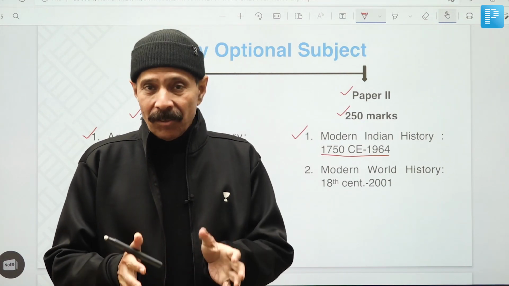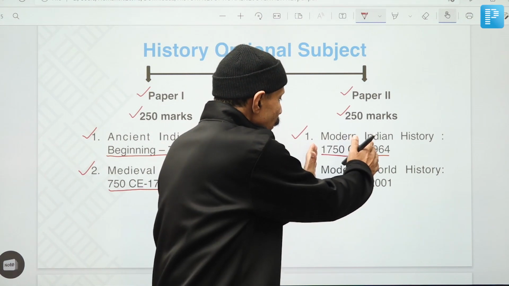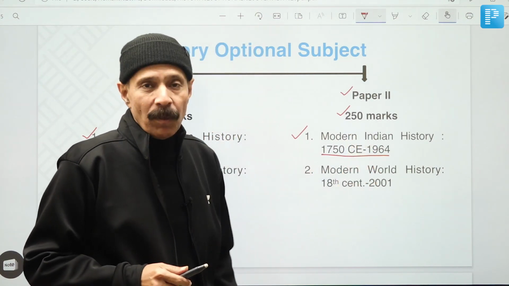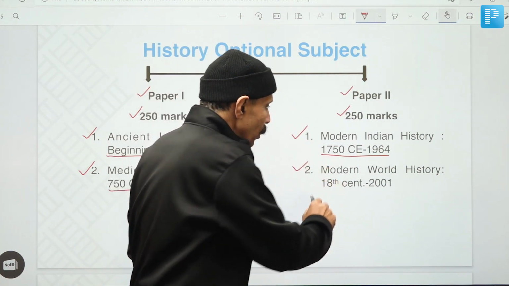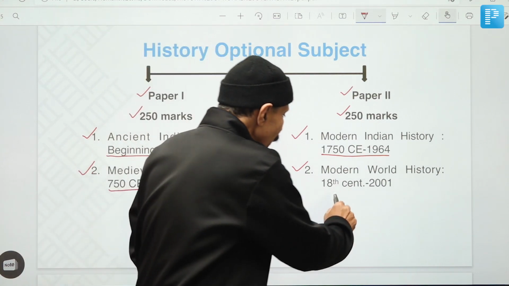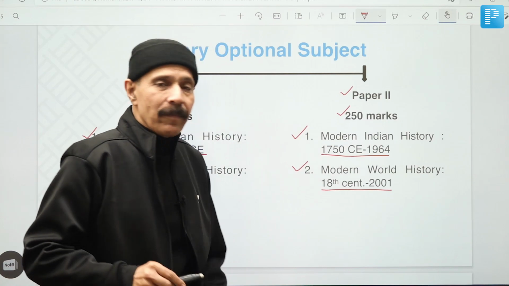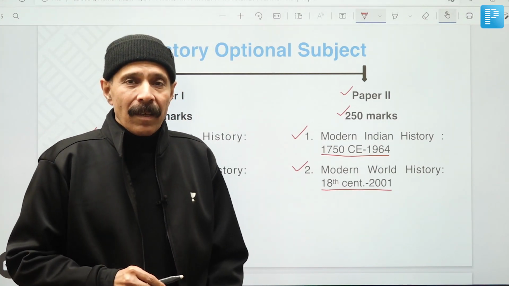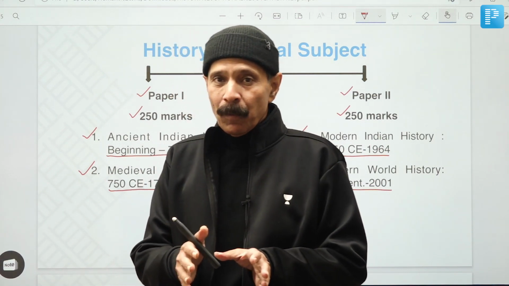So apart from these 3 topics, all fall within the period 1750 CE to 1964. And the second section is Modern World History, whose chronology is 18th century to 2001. So this is all about the first aspect of the overview.